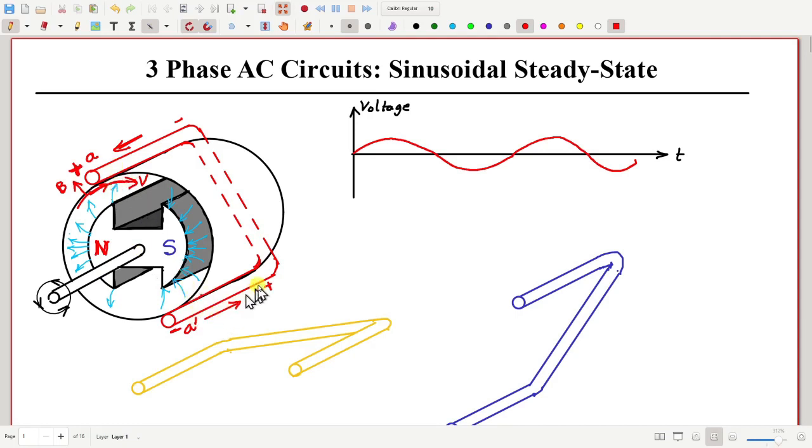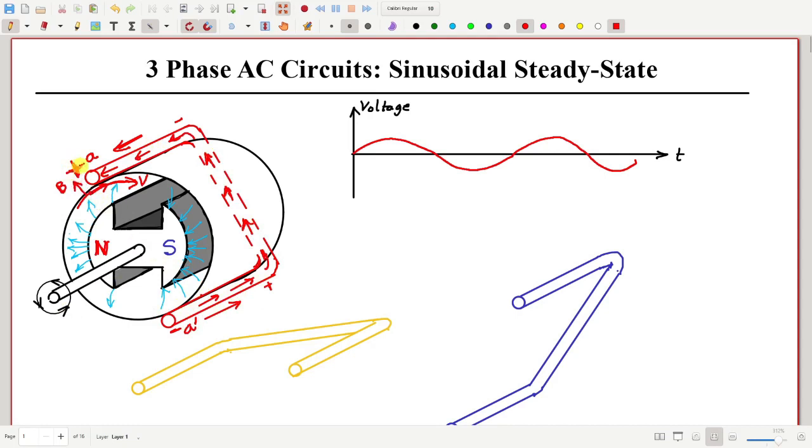So overall, the current will try to flow in this path. And then there should also be some closed path outside for the current to flow. But nevertheless, whether the current is flowing or not, it is trying to drive this current in this direction.